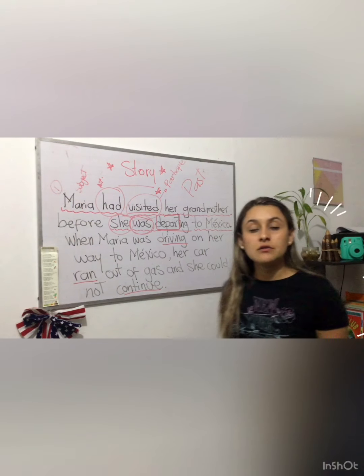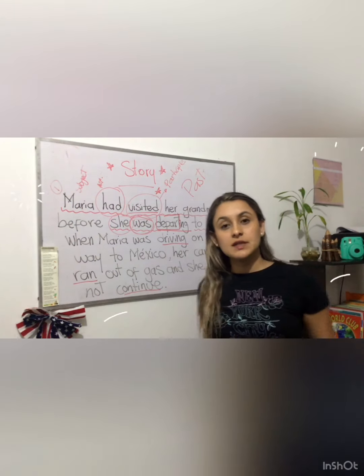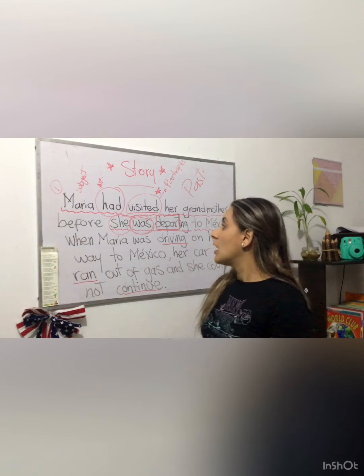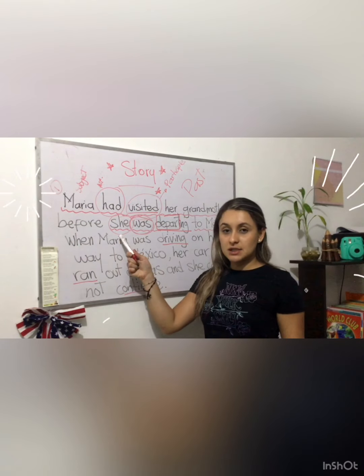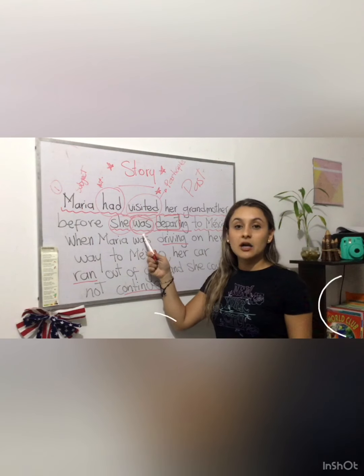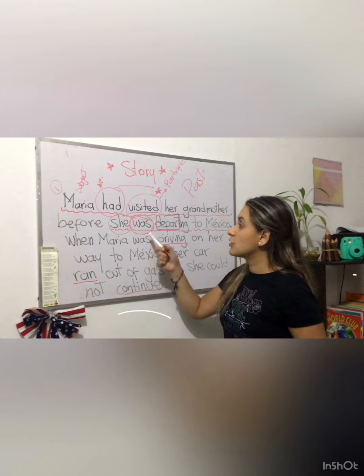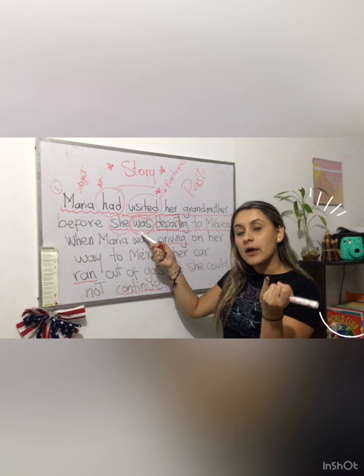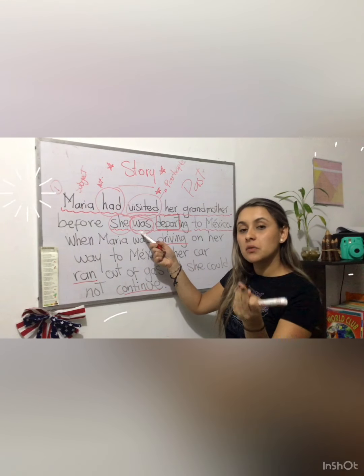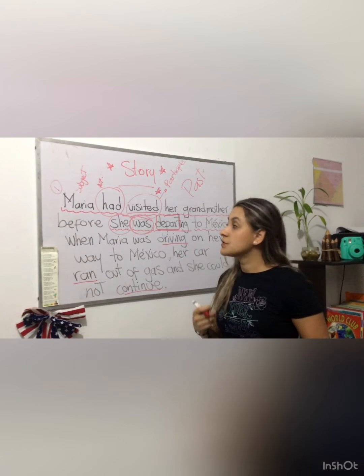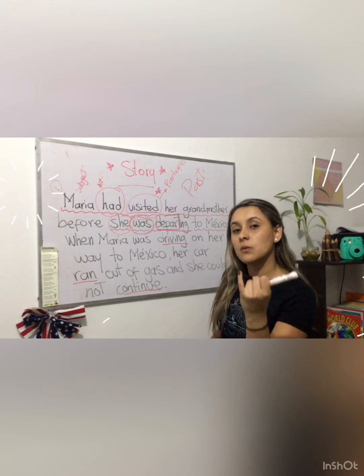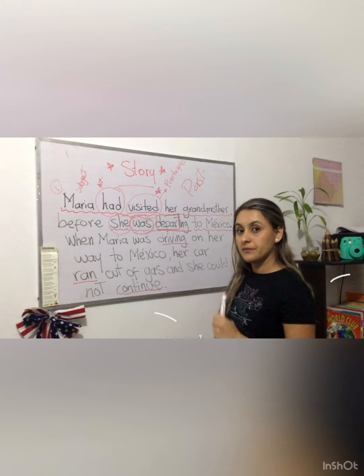So if you want to write in past continuous, si quieres escribir en pasado continuo, you need subject, auxiliary was or were, depending on the person, right? If you use was, I was, she was, he was, it was. If you use were, you use they were, we were, you were, okay?